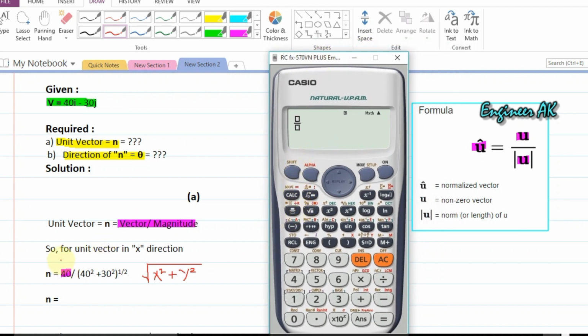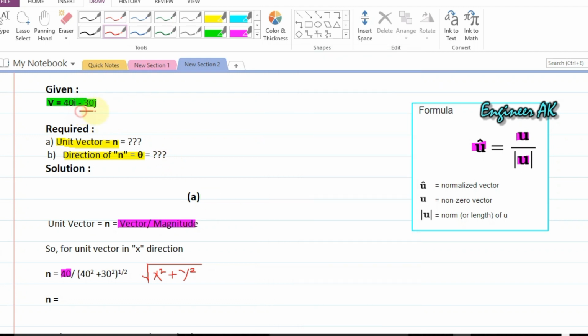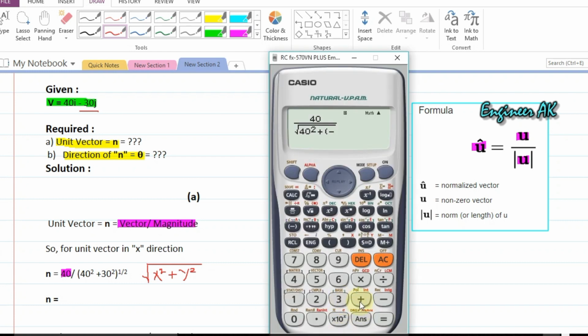So 40 divided by under the root 40 square plus minus 30, so we plug in minus 30, whole square.